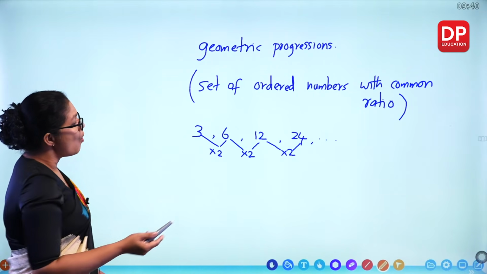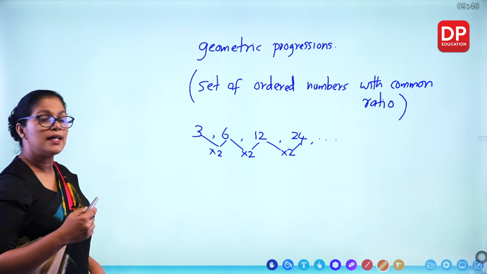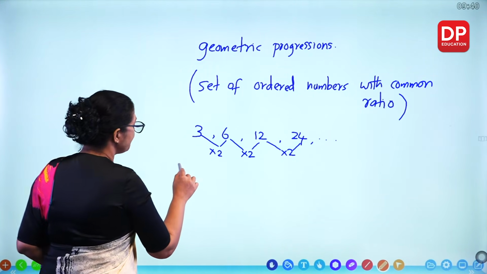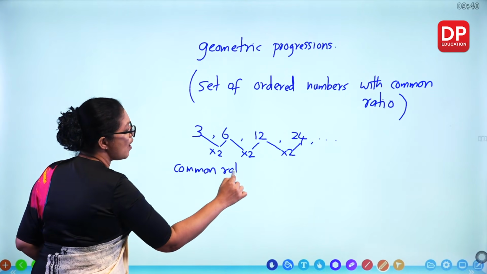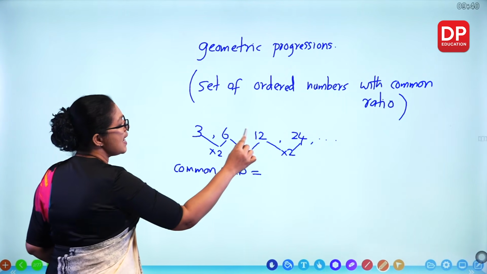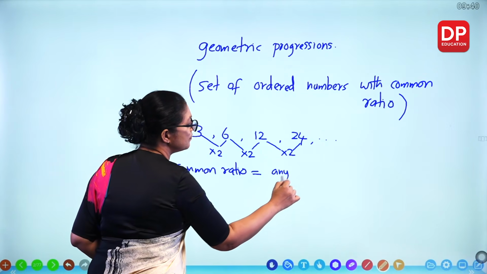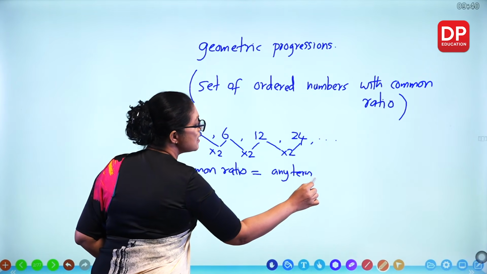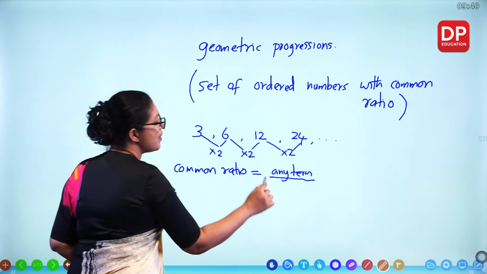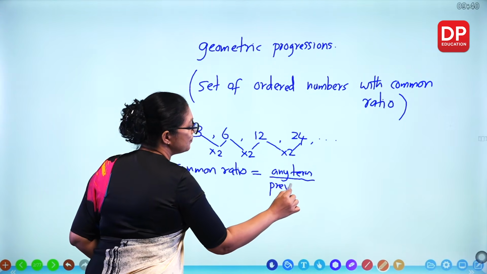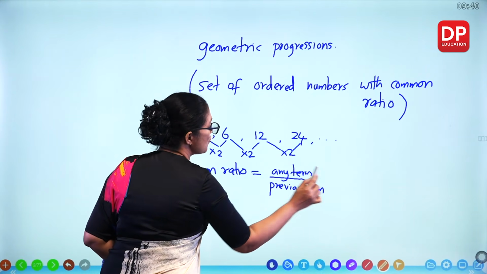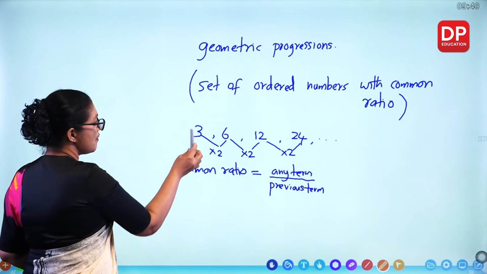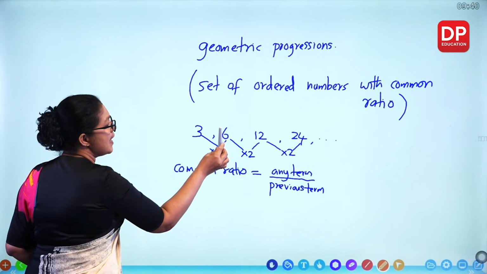Now, how can we find the common ratio? We can easily find the common ratio by taking any term and dividing by its previous term. So in this example, we'll start from here.